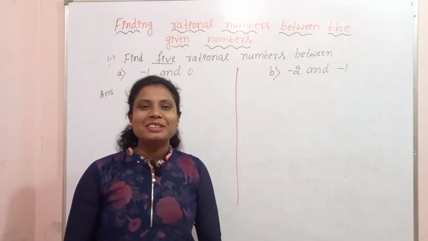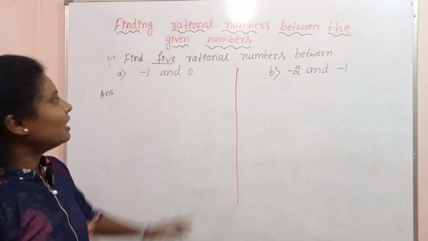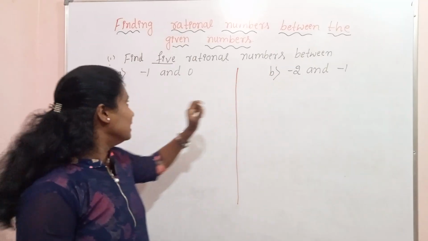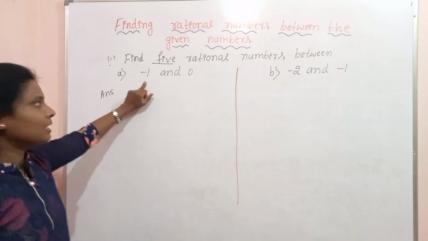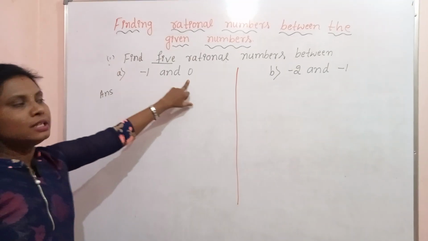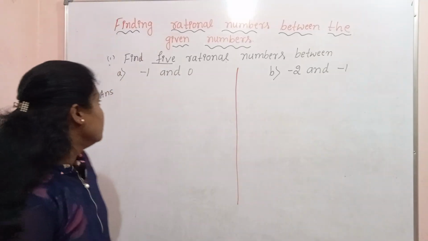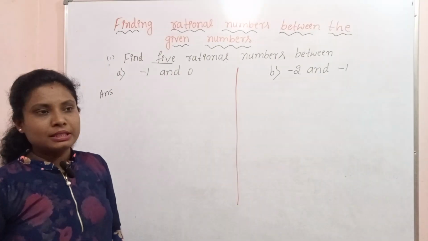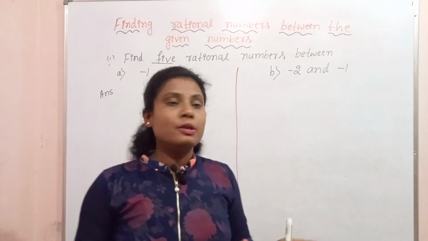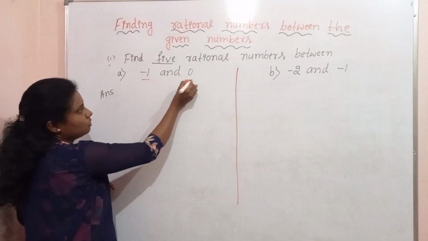In this class we are going to learn how to find out rational numbers between the given numbers. Here they given integers -1 and 0. So what are the rational numbers that come between these two?